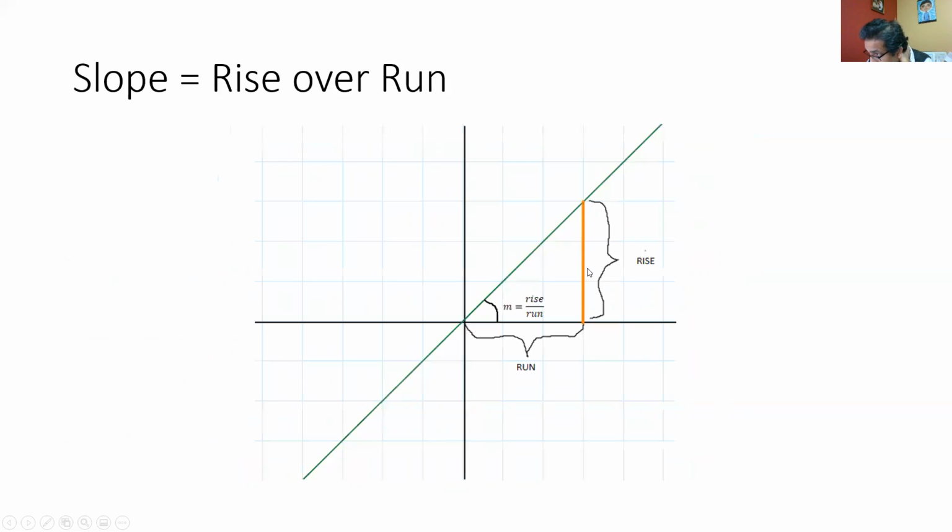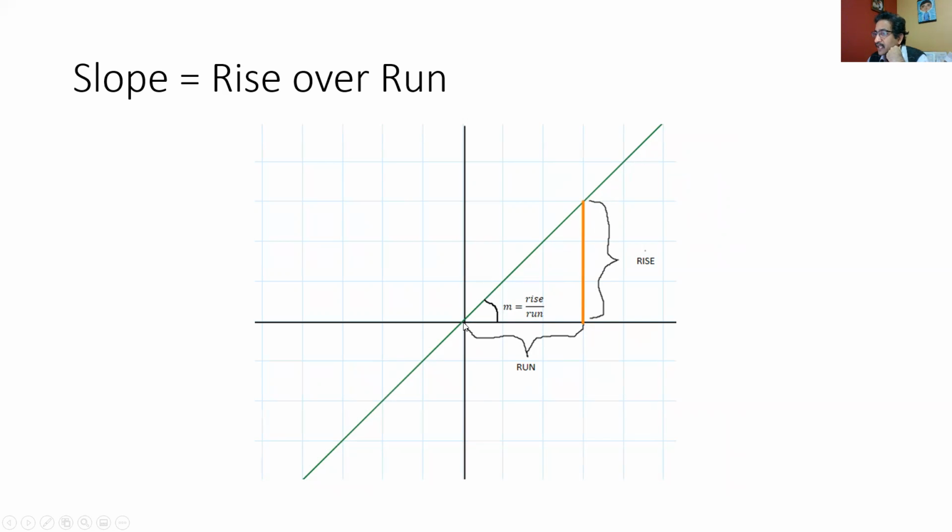Here is the actual definition: slope is rise over run. m is the slope, and it is a ratio of y over x, that is, given an x, what is the corresponding y.